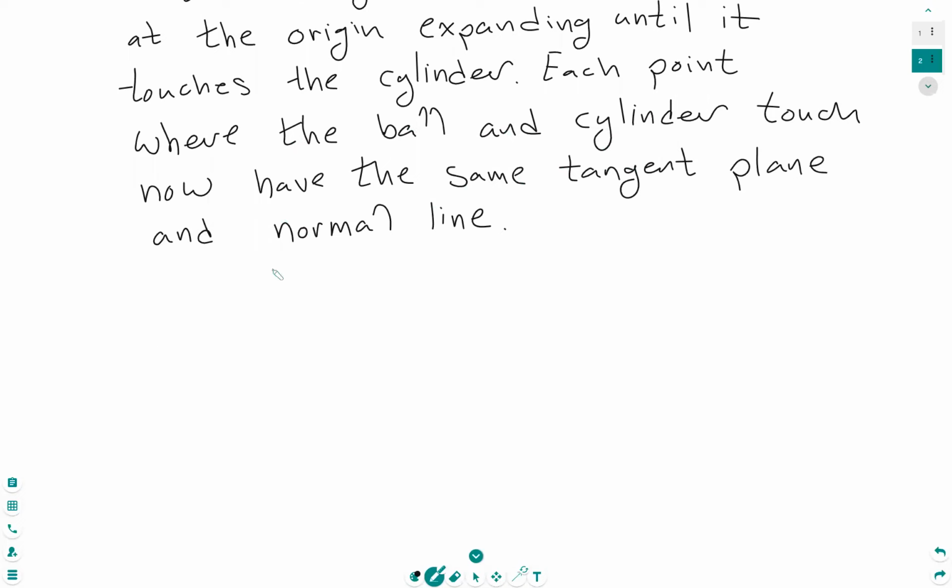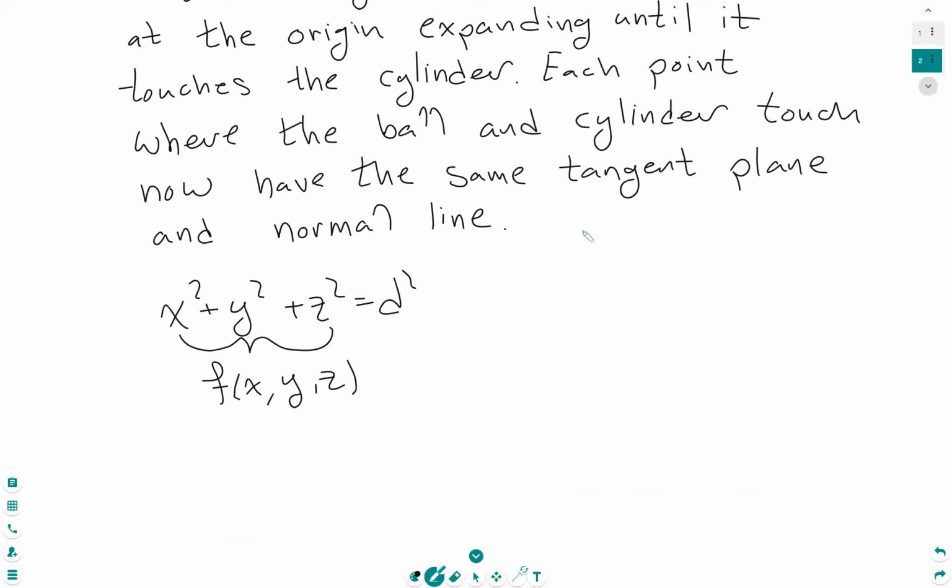So if I have that x squared plus y squared plus z squared is equal to d squared, I can set this to be my function f of x, y, and z. And then I have my constraint function here, which is x squared minus z squared minus 1 is equal to 0.